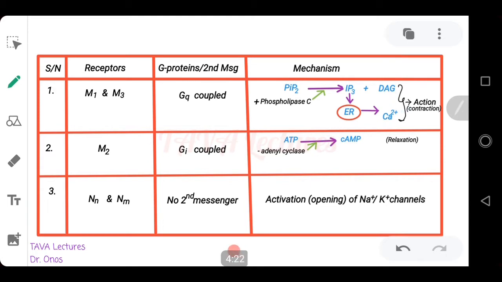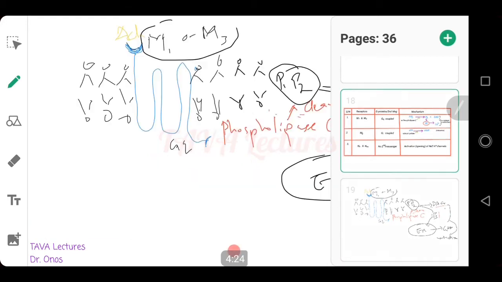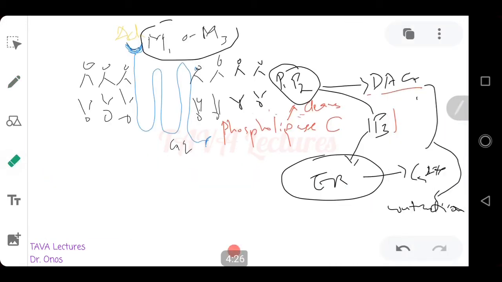Now let's check M2 receptors. What do M2 receptors really do? Let me clear this page. M2 receptors are also coupled to a G protein. So let me make the diagram a bit simple here.